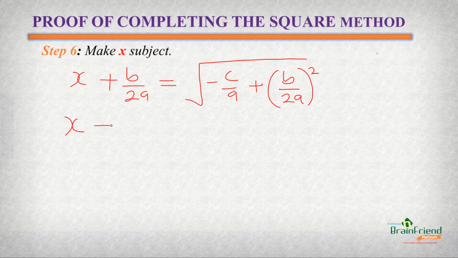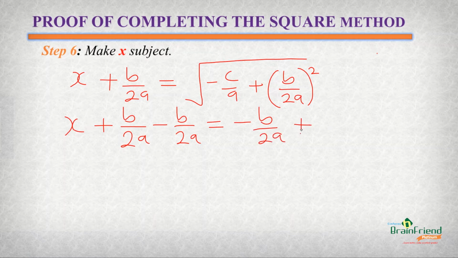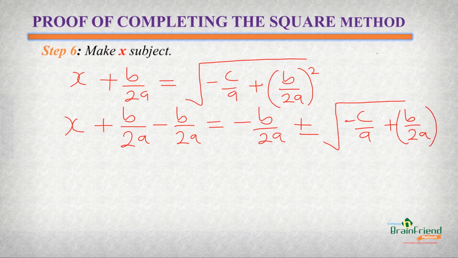So subtract b over 2a from both sides. x plus b over 2a minus b over 2a is equal to minus b over 2a plus or minus the square root of minus c over a plus (b over 2a) all squared.